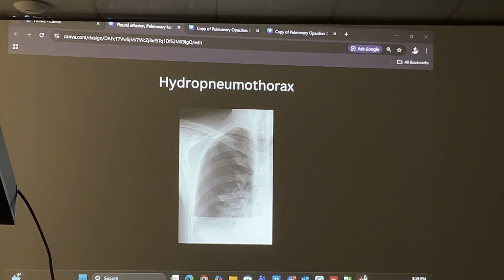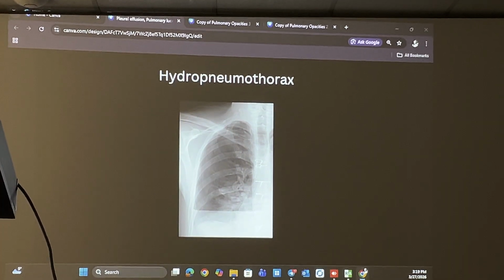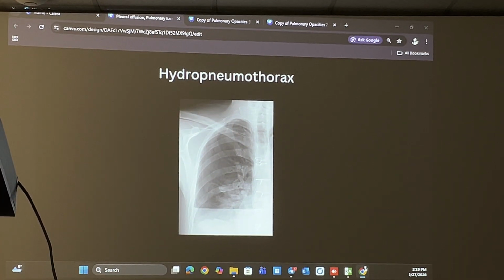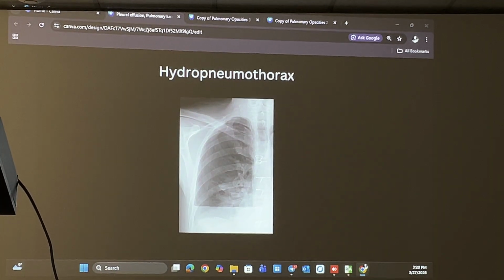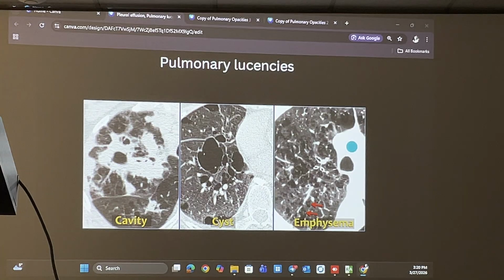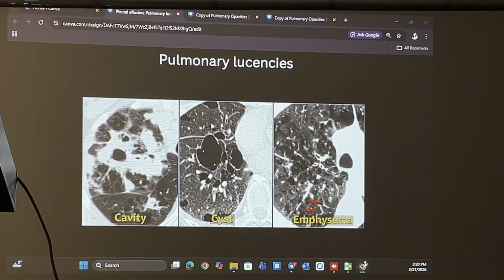Unlike pleural effusion alone, where we see the meniscus sign, here we will see a horizontal line, air above and fluid below.